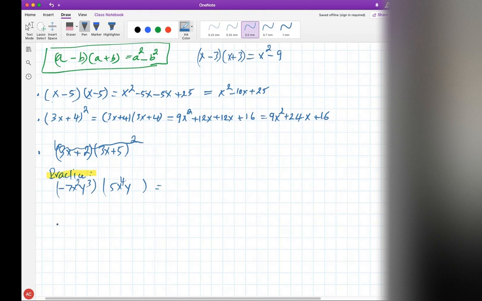And then probably a monomial by a trinomial, let's say 5 plus.